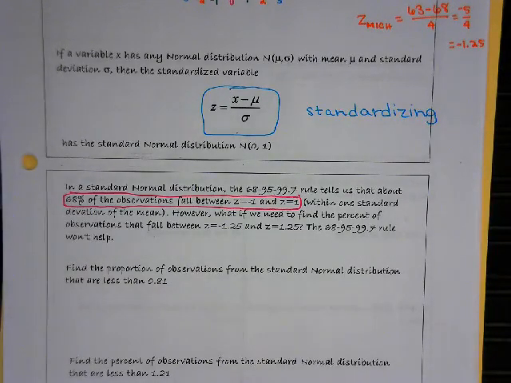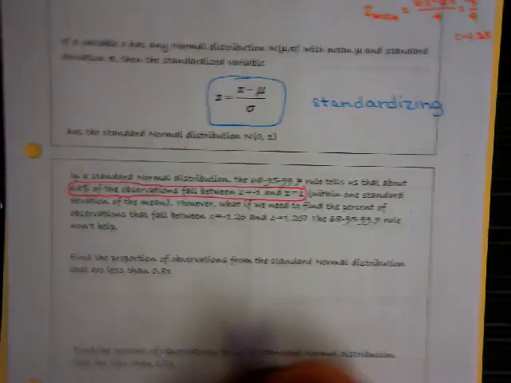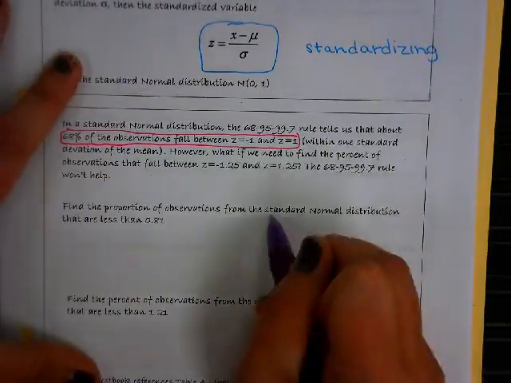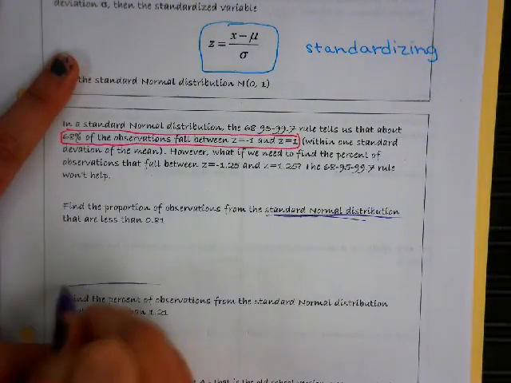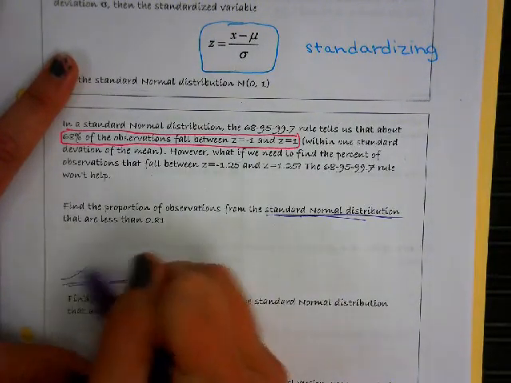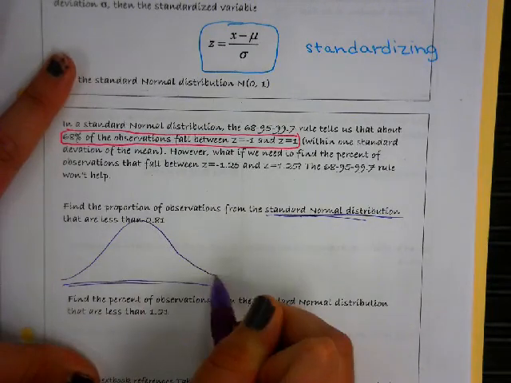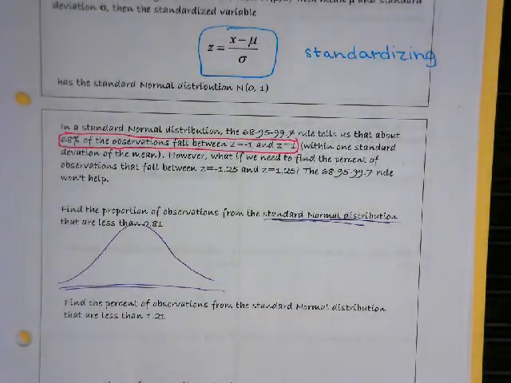So pictures are important. We're going to draw our standard normal curve, because we're working with the standard normal distribution. Your curves will get better as the year goes on. They're never going to be perfect, and that's okay. That's why we put the notation next to it that it's a normal curve with a mean of 0 and a standard deviation of 1.